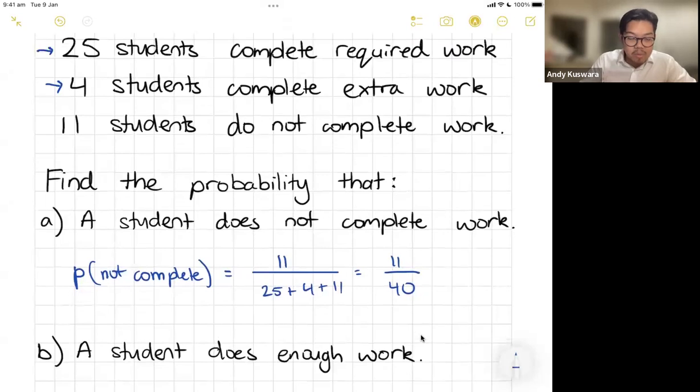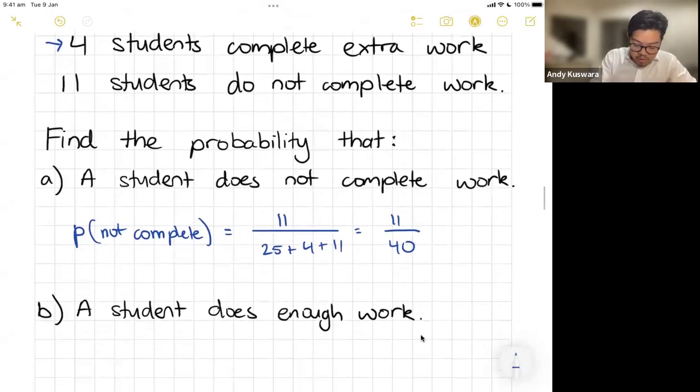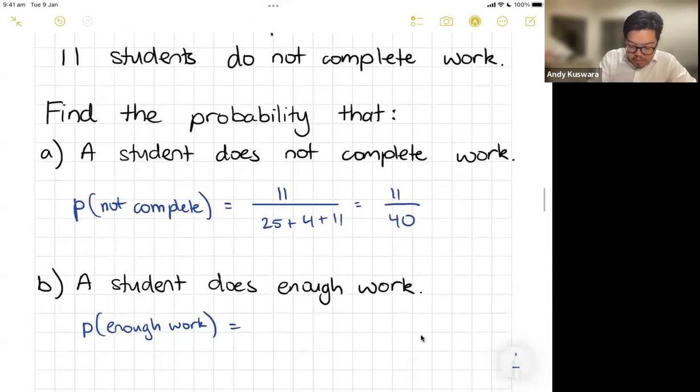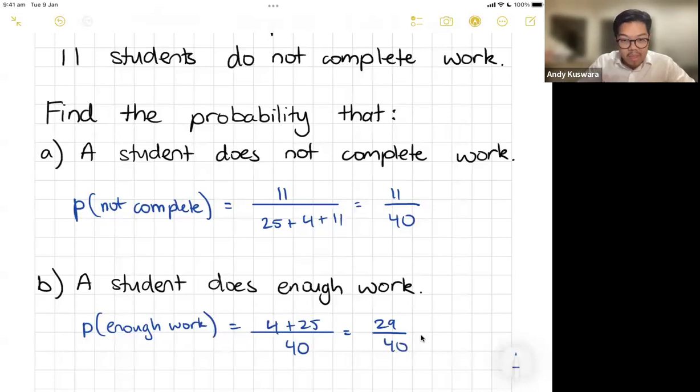There's 25 plus 4, the probability of enough work. There's the 4 plus 25, and then we remember from the last one there's a total of 40 students. So this just becomes 29 on 40, and that is my probability that a student does enough work.